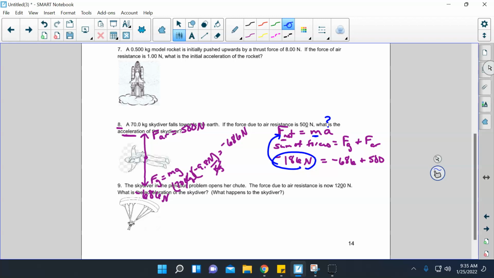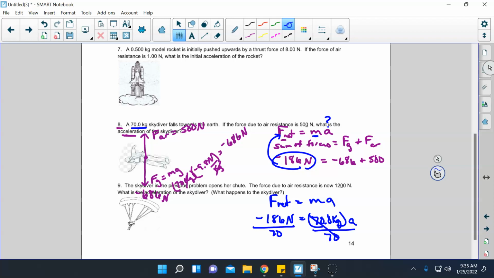So I'm going to go down below here and say force net equals ma. I know this is negative 186 newtons equals the mass of this person, which is 70 kilograms, given in the problem, times a, right here. So it looks like I need to divide by 70, and I need to divide by 70 here.